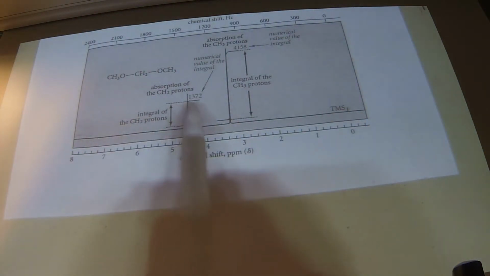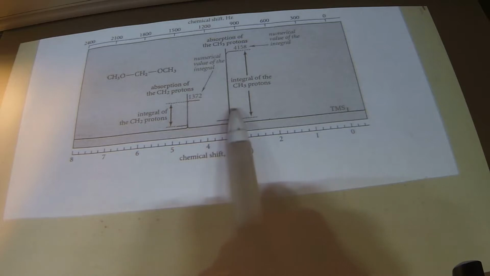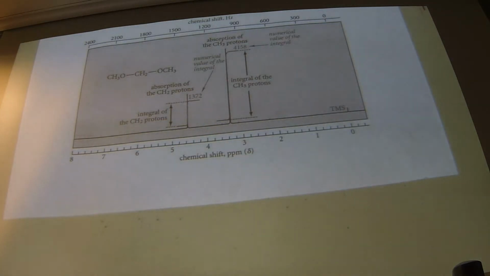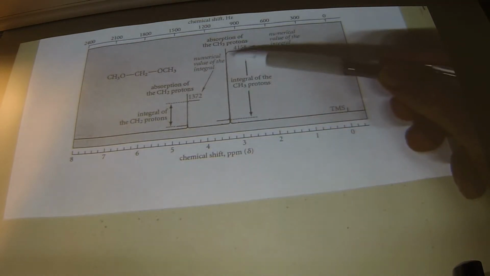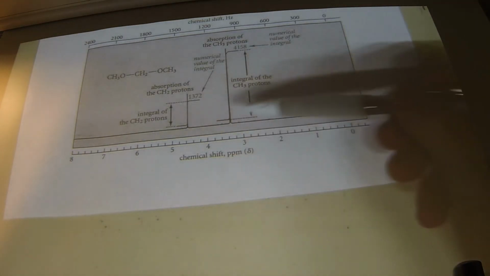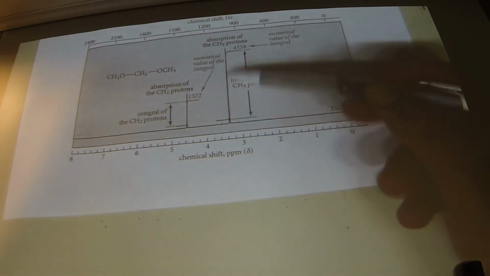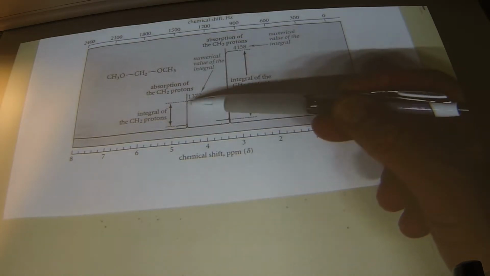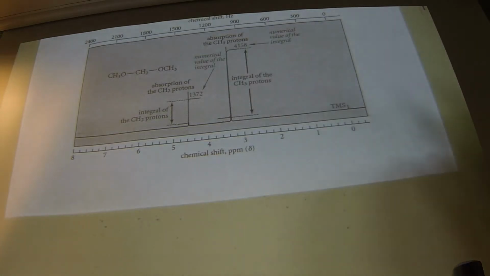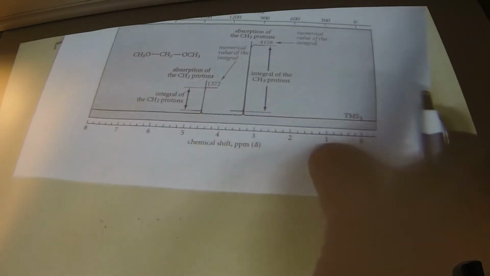But remember the integral? Remember that the area under this peak was proportional to the hydrogens, or the protons, that were responsible for the absorption? So the areas under these peaks are going to be proportional, in this case, 6 to 2, or 3 to 1, if you will. And that gives us useful information.